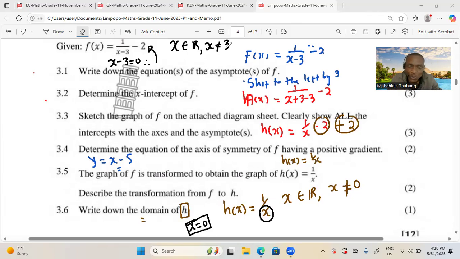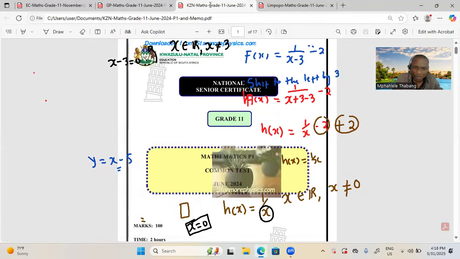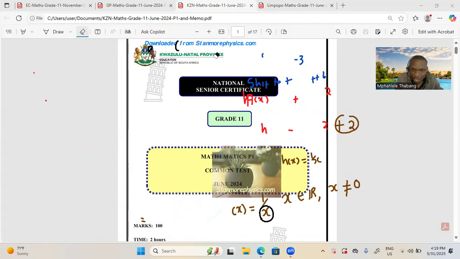2023. Now I'm going to go to a different province. Let us go to KZN grade 11s, and we are still going to look at the hyperbola function. So let me start by erasing everything here.